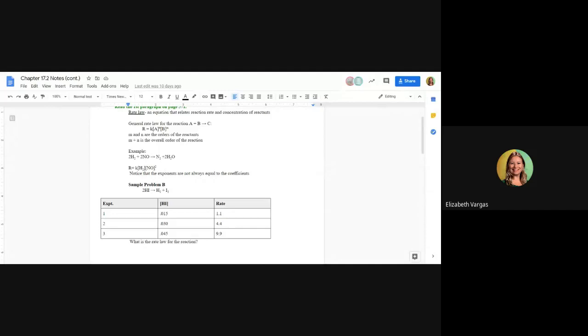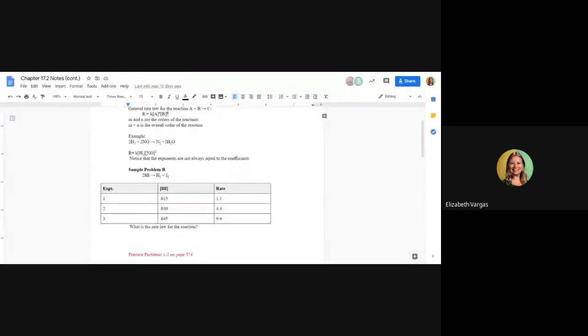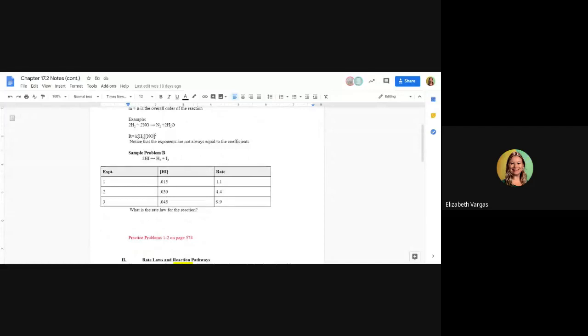So how do we know what they're going to be? We have to have data, and that's where this little chart's going to come in. We're going to use our math skills to figure out what N and M are. We do that by running different experiments, changing the concentration and measuring the rate and seeing how it has changed for each concentration. For example, we have 3 experiments, 1, 2, 3.